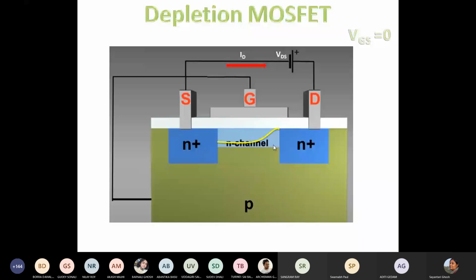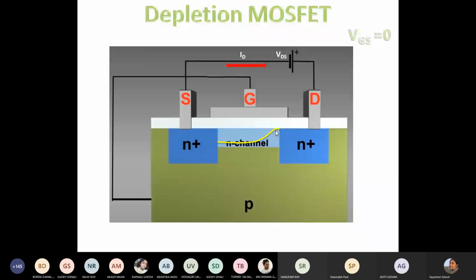There also we considered VGS equal to 0, and we saw how VDS caused the channel to get closed. So now you understand that at different points in the channel, the voltage is going to be different. That means the depletion region is also not going to be symmetric, but near the drain, as the biasing is maximum, the channel will be sufficiently squeezed and finally closed, and you will have a pinch off.